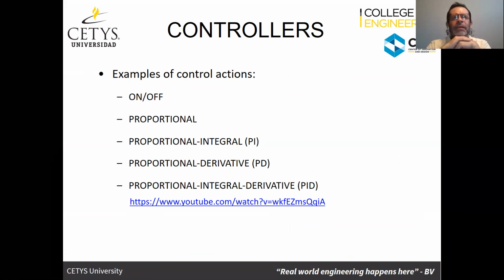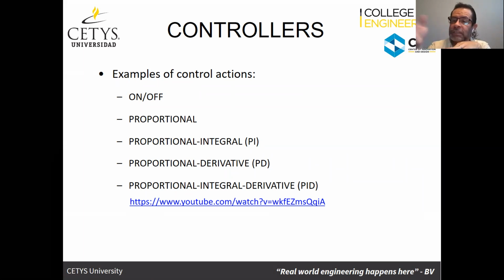It might be common that many of you have already worked with PID controllers in an integrated way in your projects, and you've had to deal with calibrating these constants to try to make the system behave differently.